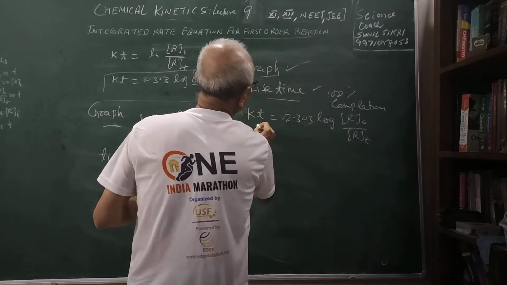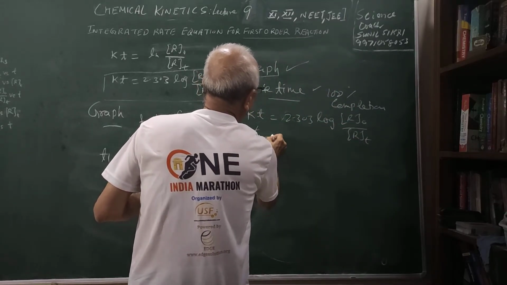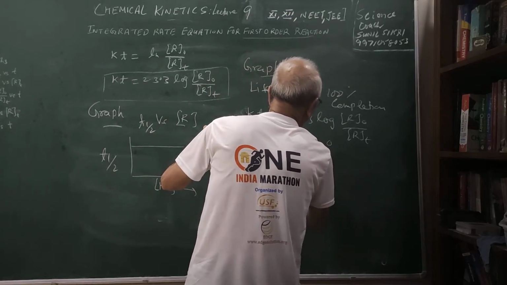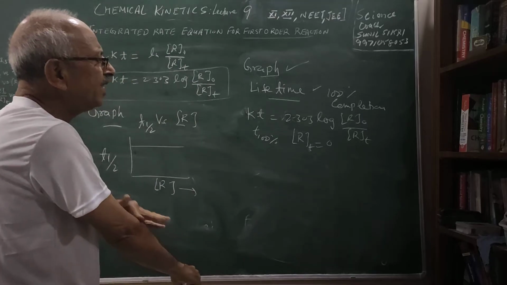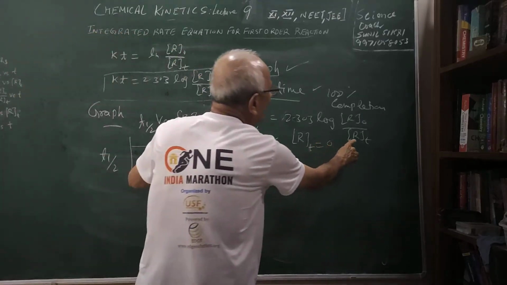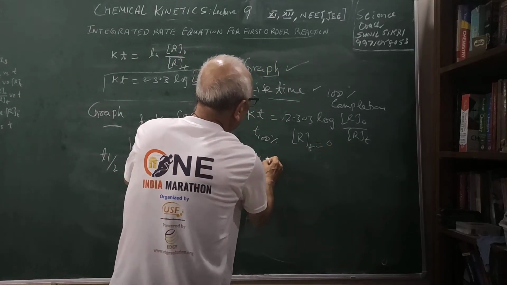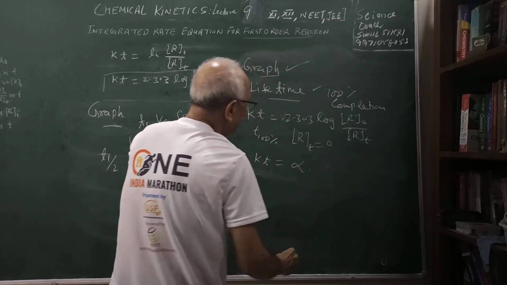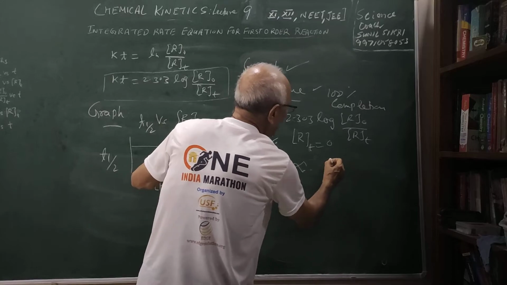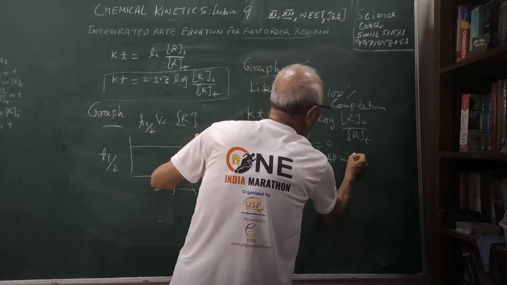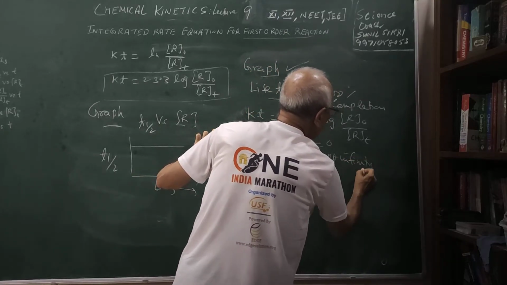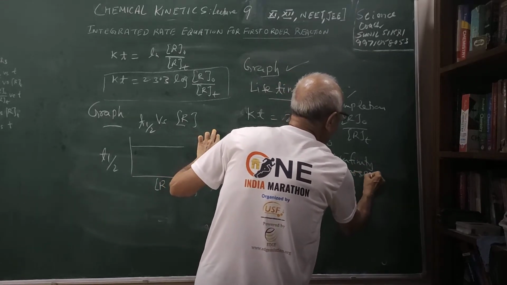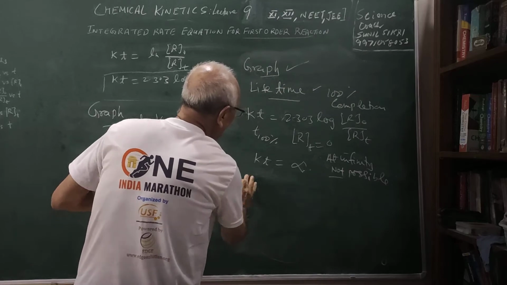That means when the reaction is at T100, 100% means this value will become 0, that all the reactant is consumed. When this becomes 0, what will this value be, students? Anything divided by 0 becomes infinity. So at infinity, this value will become 0, which is not possible. So that means the first order reaction never completes.